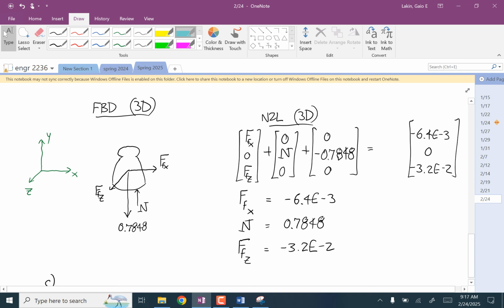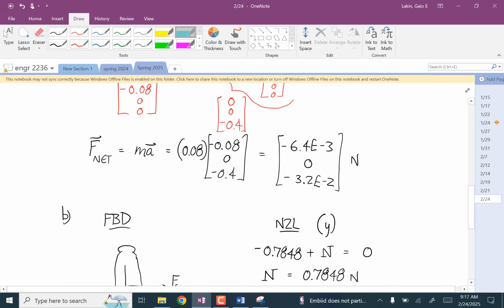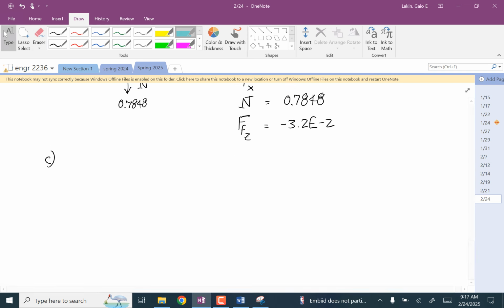Well, I'm just putting it into Newton's second law, so we know that mass times acceleration is this thing with the negatives. And so force of friction has to be that. It's just plugging it into Newton's second law.